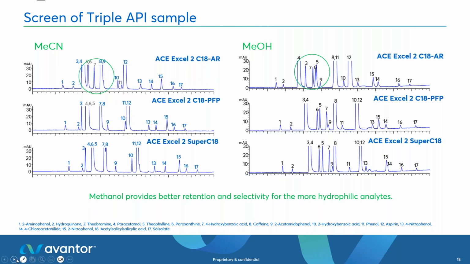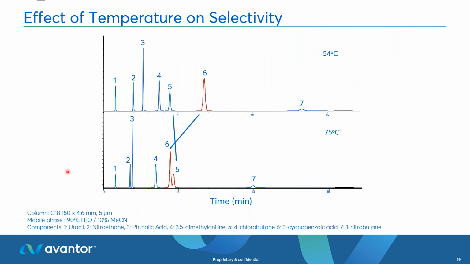The final thing I wanted to mention briefly was temperature, and temperature sort of mimics pH a bit in terms of it can change the charge on analytes. Temperature is obviously quite an easy thing to change on the instrument rather than having to make up a new mobile phase or switch the column out.